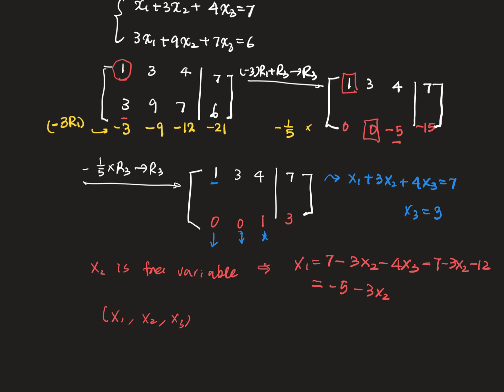What is the free variable? x2 is a free variable, s, any real number, right? So x1 is -5 minus 3s. Sorry guys. x2 is a free variable, that's s. x3 is going to be what right here? That's going to be 3.